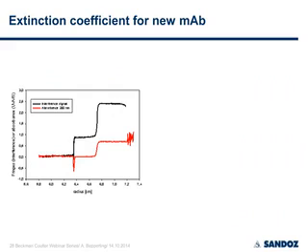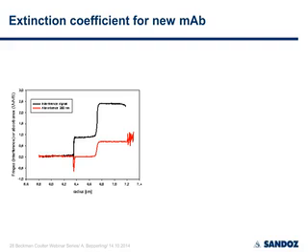Okay, this is a brief example for determination of the extinction coefficient for a new project newly started in our lab. You see here the buffer signal in the interference as well as the absorbance optics. Red is absorbance, black is interference signal. Here's the baseline.